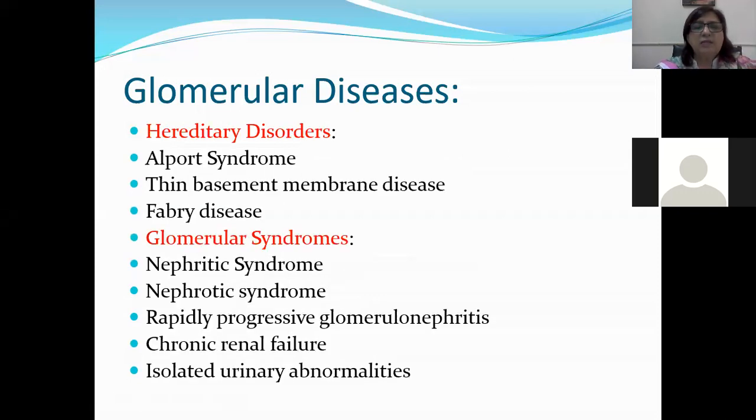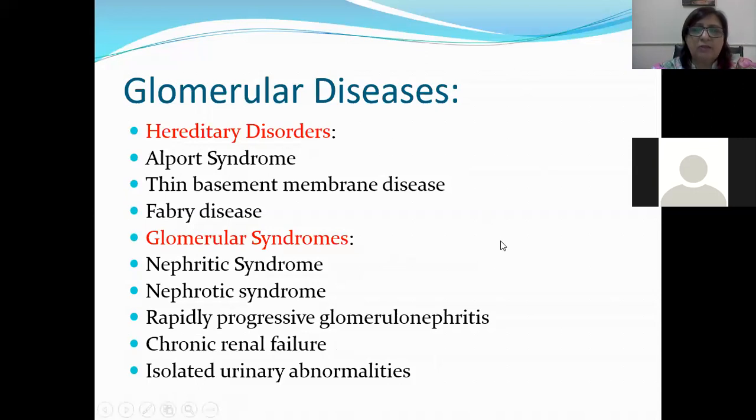Next are the hereditary disorders. In hereditary disorders, we have Alport syndrome, thin basement membrane disease, and Fabry's disease. People are born with these hereditary disorders. Then the glomerular syndromes, the clinical manifestations which I've already explained to you, which are going to be produced by these diseases, are nephritic syndrome, nephrotic syndrome, rapidly progressive glomerulonephritis, in which kidney function is going to deteriorate rapidly, chronic renal failure, in which glomerular filtration is going to be decreased to less than 5% of normal, and isolated urinary abnormalities, in which you can see only hematuria and albuminuria.